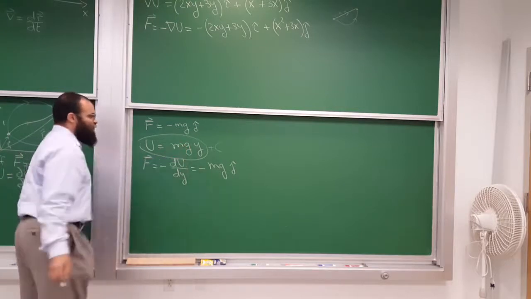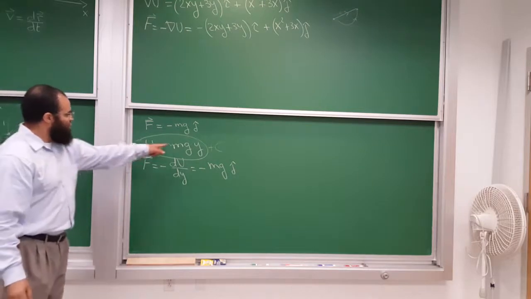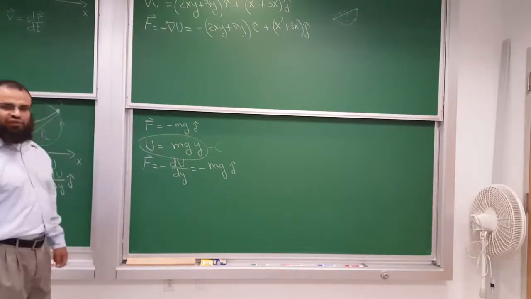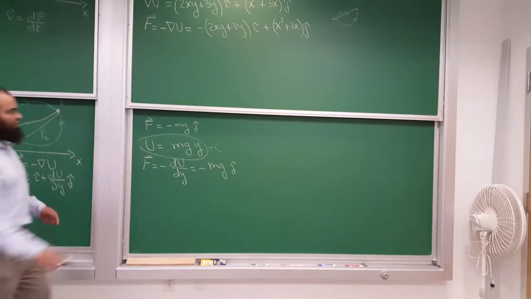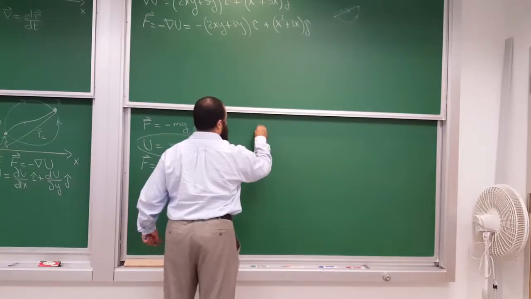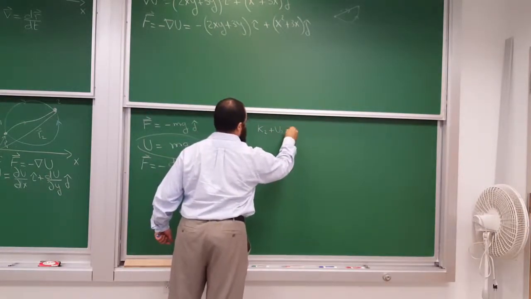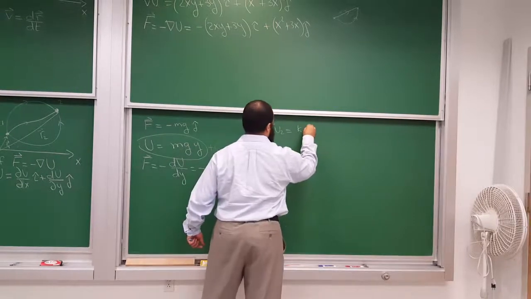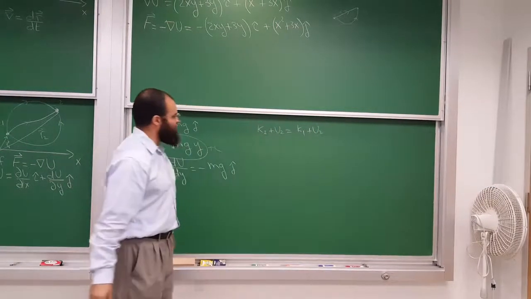It's unique up to an arbitrary constant. And this is why, as we said earlier, the kinetic energy at the end plus the potential energy at the end will equal the kinetic energy at the beginning plus the potential energy at the beginning. This is the law of conservation of energy.